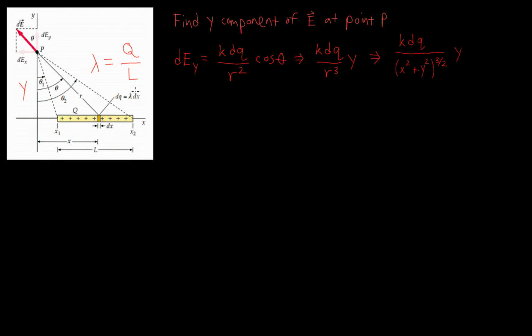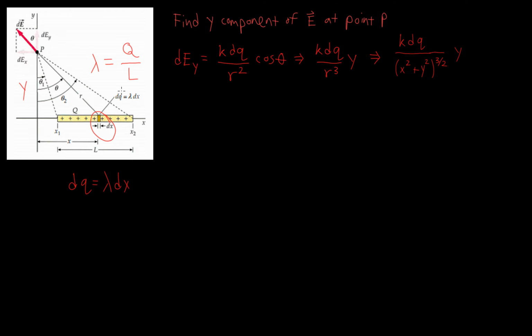So over here, we're given a relationship that says dq is equal to lambda times dx, which is basically saying that a small amount of charge is just equal to the line charge density times dx. And remember that dx is just this very small distance, or this very small segment of the line charge, and that's denoted with dx.